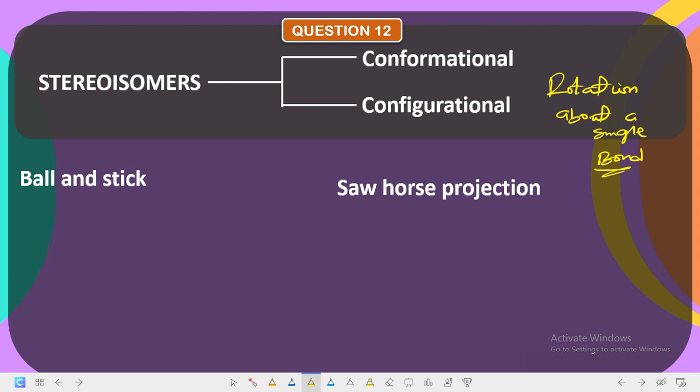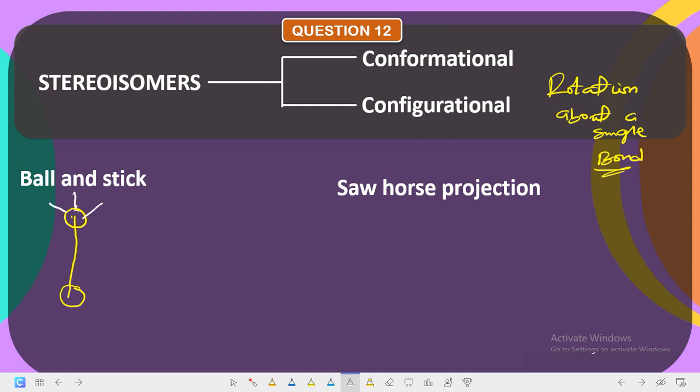As the name implies, ball and stick is just like a ball and a stick. You put a stick through a ball. Let's say these are the two balls. Then you put a stick through, which is like the bond. Then you add all these other components.